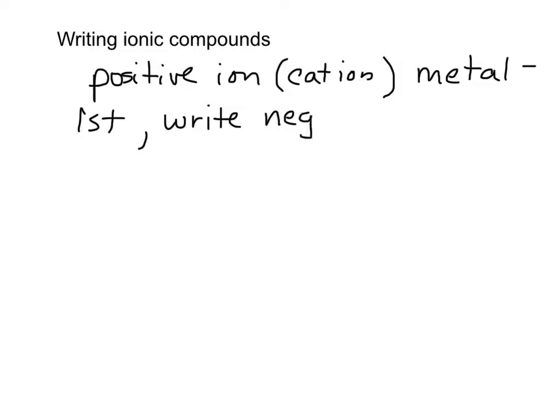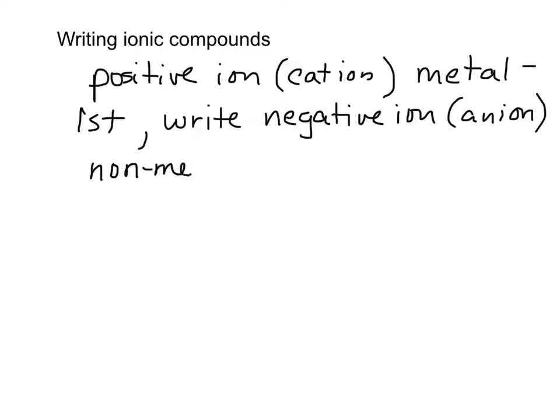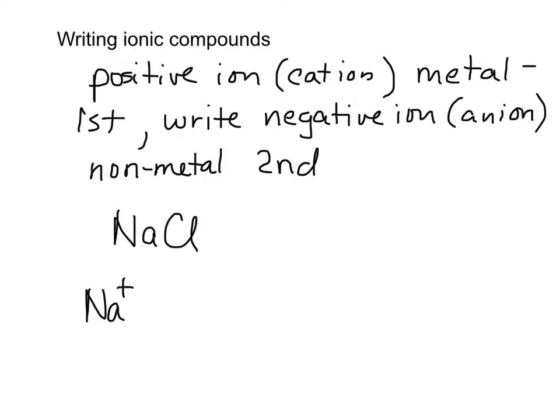Negative ion. So when we have a few ionic compounds, for example, sodium chloride, sodium is a metal, chloride is a nonmetal, so we wrote the positive ion first and the negative ion second. So sodium, when it becomes an ion, forms a positive 1 ion. Chloride, when it becomes an ion, forms a negative 1 ion. And that's in another segment describing that. Right now we just want to be able to write them and name them.